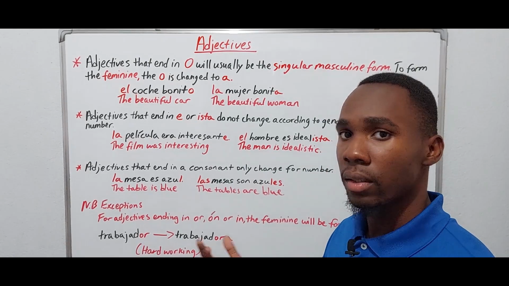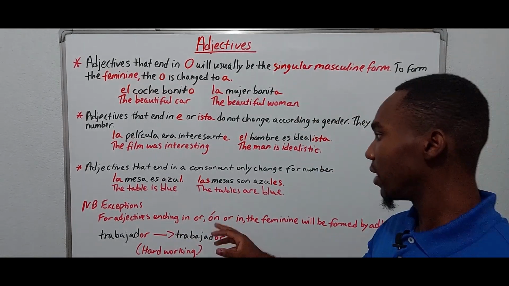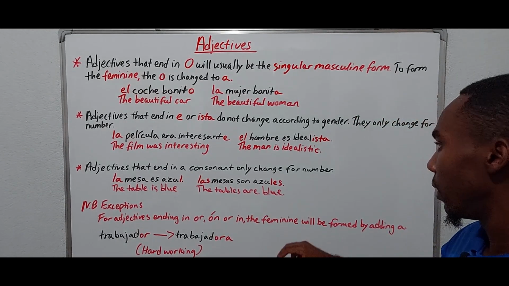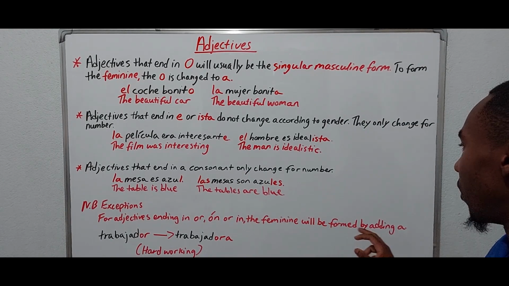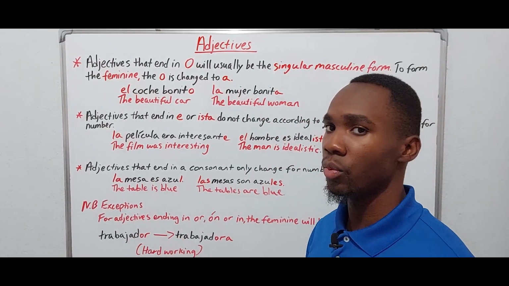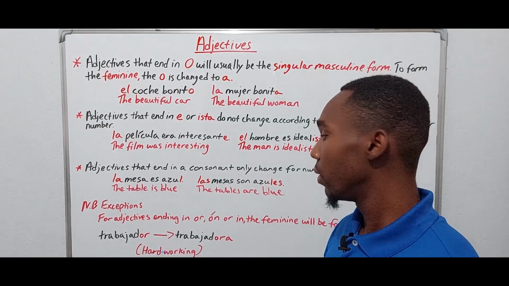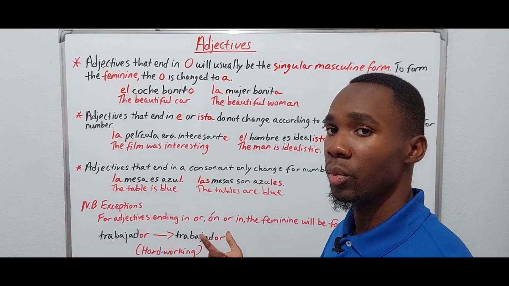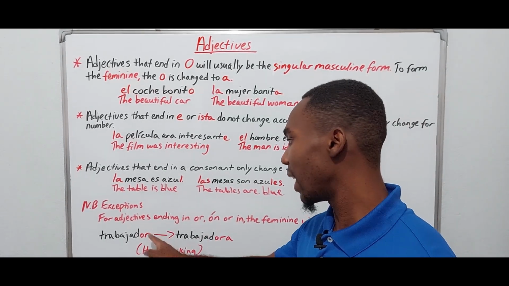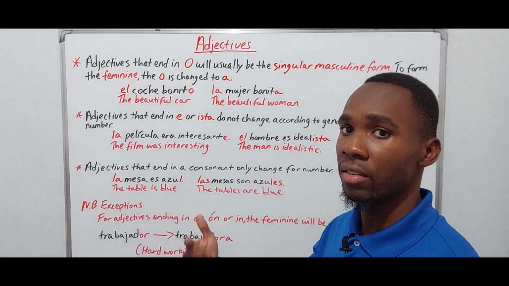But the exceptions are adjectives that end in or, on, or in; the feminine will be formed by adding a. So trabajador, which means hardworking, that would be the masculine singular form. But if we want to make it feminine, we would say trabajadora, right? So we would have to add an a onto the r, to get the feminine singular.